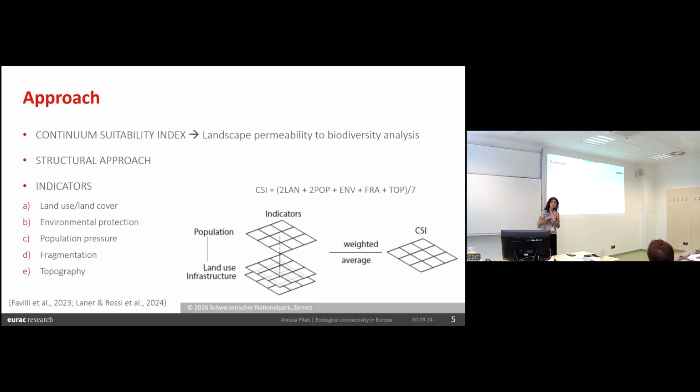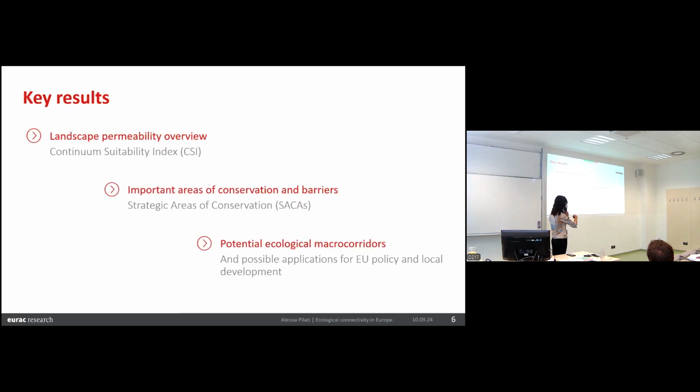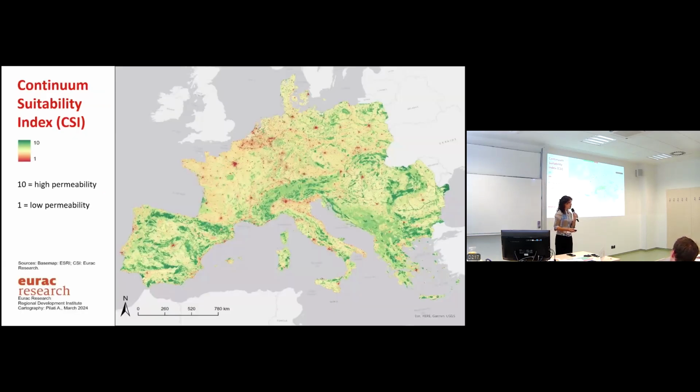We overlap them, giving a determined weight, using this rule. So having an overview of the landscape permeability at European level, we then identified what we think are the most important areas of conservation and the barriers, and then the potential ecological macro corridors.